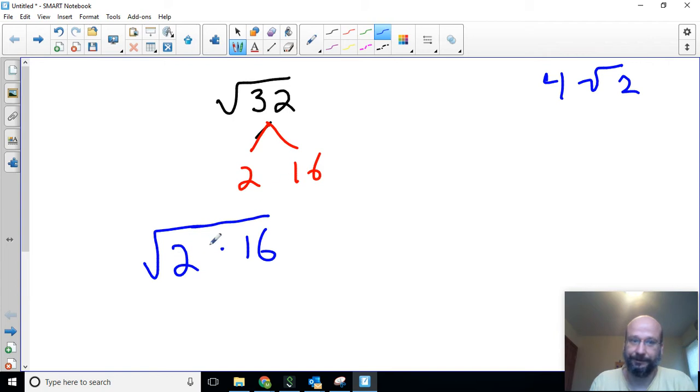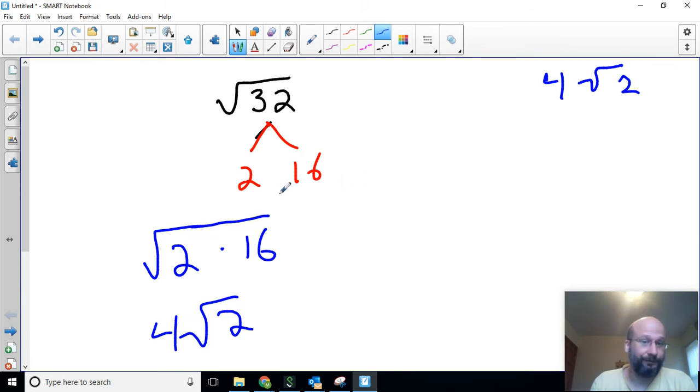The square root of 32 is the same as the square root of 2 times 16. What is the square root of 16? This is a perfect square, and the square root of 16 is 4. So that's my answer, right? I can stop right here.